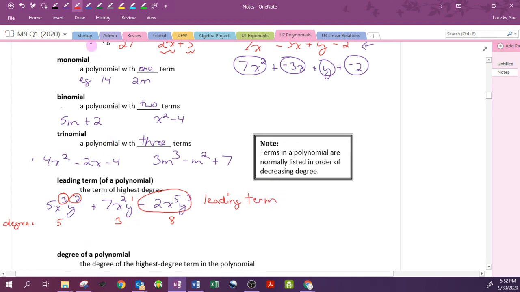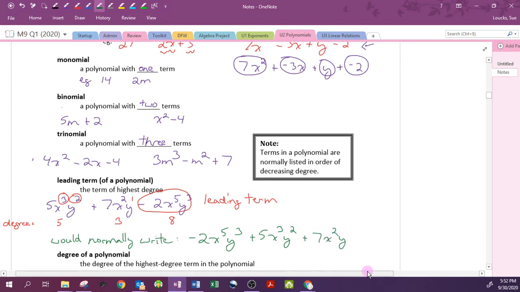And we would normally write that polynomial as negative 2x to the 5 y cubed plus 5x cubed y squared plus 7x squared y.